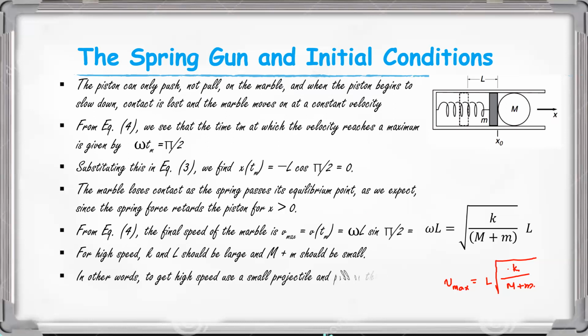In other words, to get high speed, use a small projectile and pull on this spring gun as hard as you can.